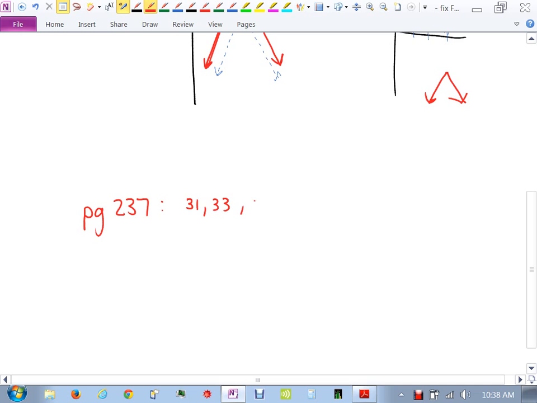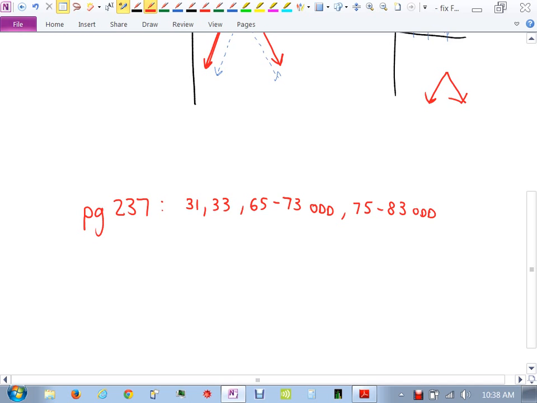Try 65 through 73 odd. And then try 75 through 83. Oops. Odd. I guess I could have just said 65 through 83 odd.